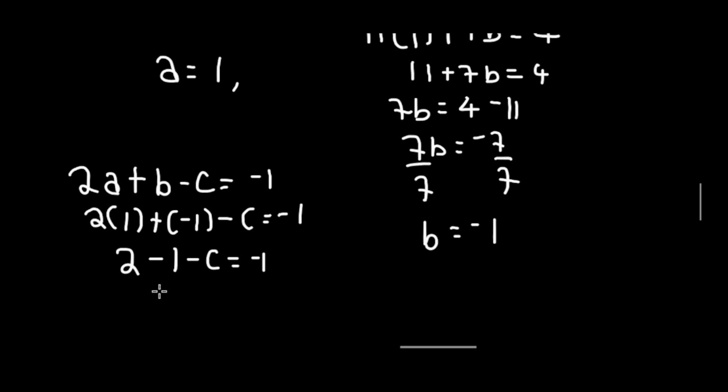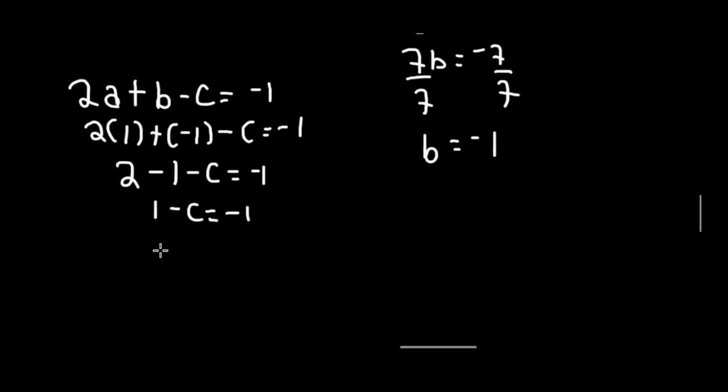So 2 minus 1 is 1, minus c, is equal to minus 1. So what can I do? I can take my c that side and bring my 1 this side. My 1 crosses this side and becomes positive. So 1 plus 1 is equal to c, and therefore my c will be equal to 2.